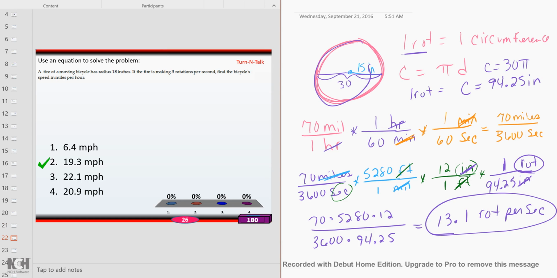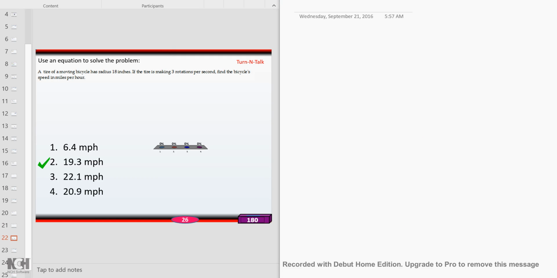All right, so you try this one and see if you get the right answer, and I'll work this one out with you just in case you didn't. Okay, so we have a tire that has 18 inches radius, right? Which means its diameter would be 36 inches.